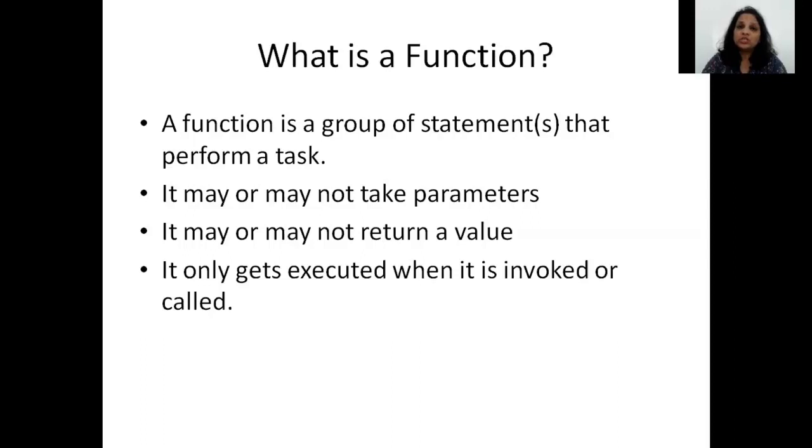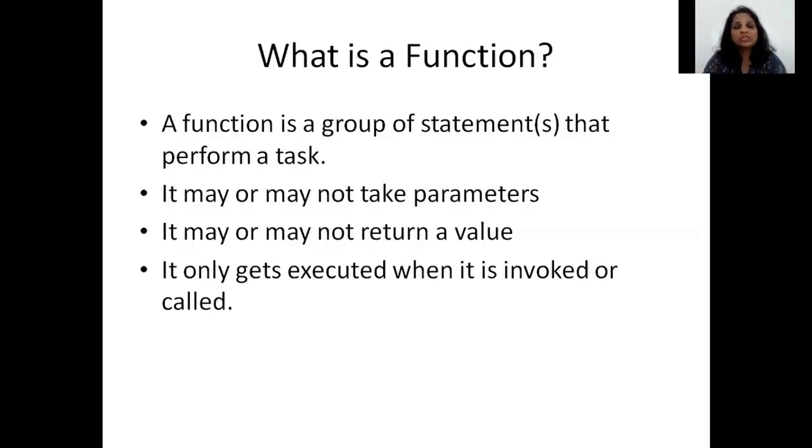Second point that you need to know about a function is that it may or may not take parameters. What do I mean by parameters? When you called the pow function, you wrote math.pow in brackets 2, 3. So the 2 and the 3 are the parameters that you send to the function. When you used the sqrt function, you wrote math.sqrt in brackets, let's say 25. There you wrote only a single parameter, whereas for pow you wrote 2 parameters.